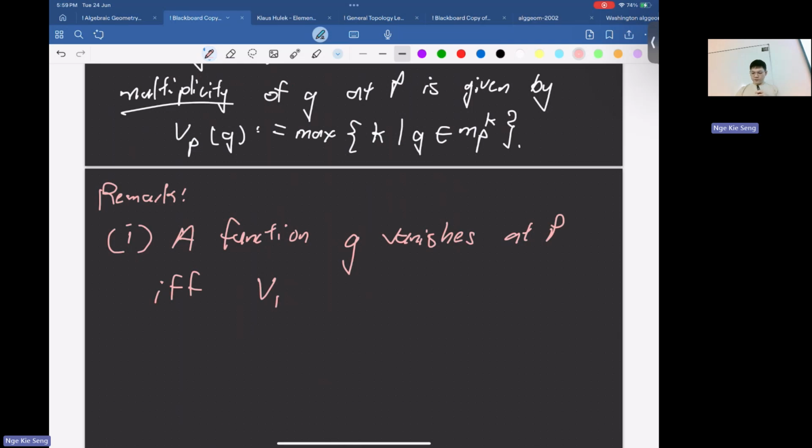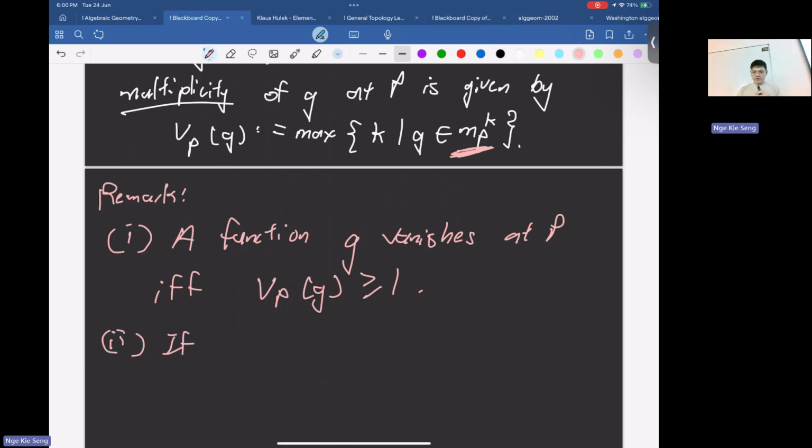So your multiplicity must be greater than or equal to 1. Because just now, how we defined MP: all the elements in the local ring such that G(P) equals 0. So if you vanish at P, meaning G(P) equals 0, then you must stay at least in MP. Maybe you can stay in a further power of MP, but who cares?